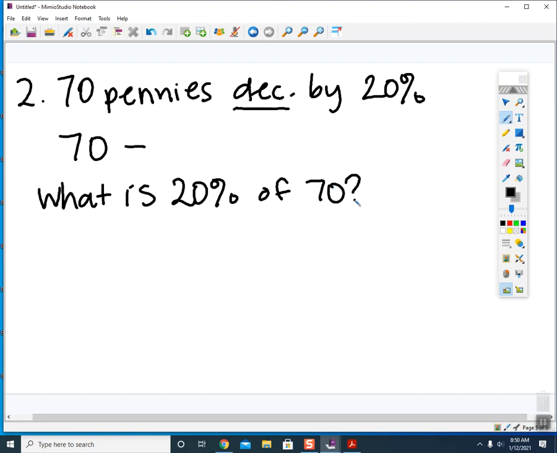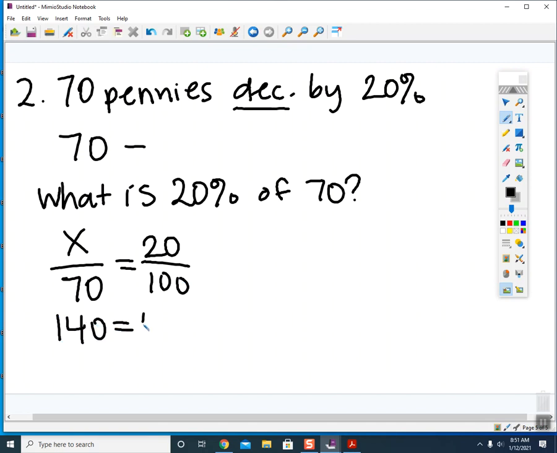So here's where I could use proportions. So 70 is my whole, right? What I want is the part. So part to whole is going to be 20 out of 100, right? So then I would take 70 times 20, which would be 140, equals 100x.